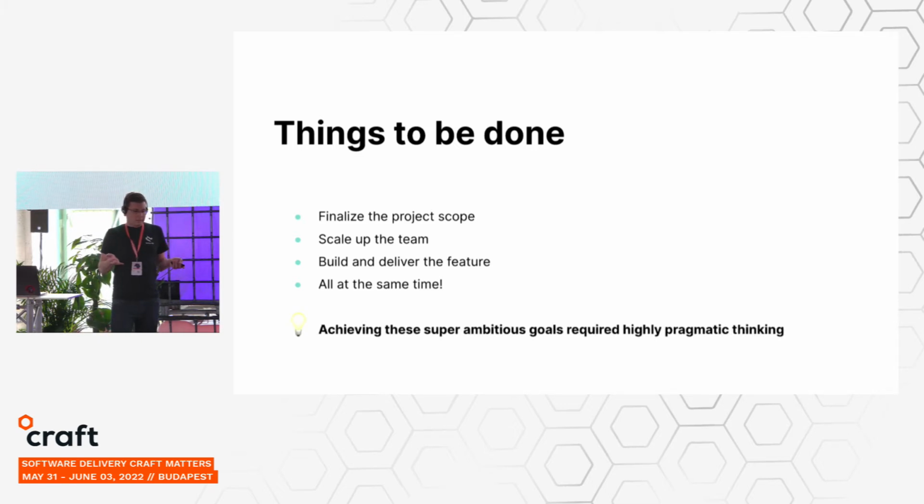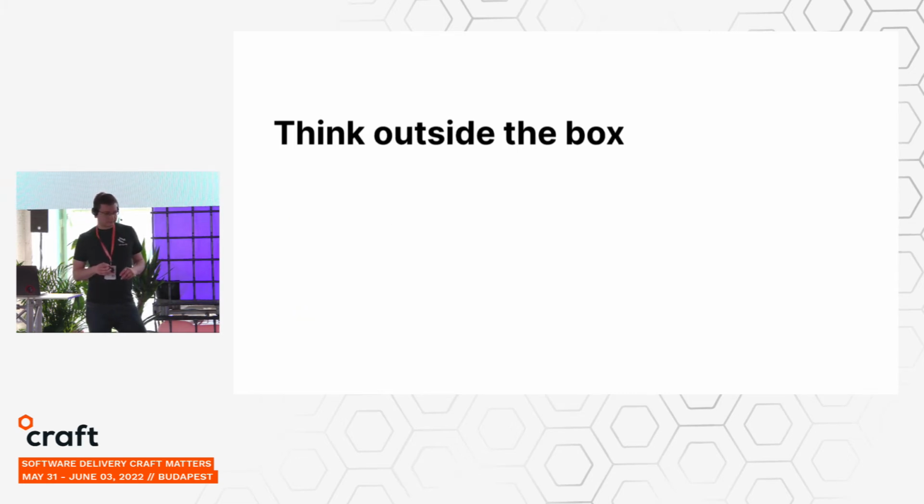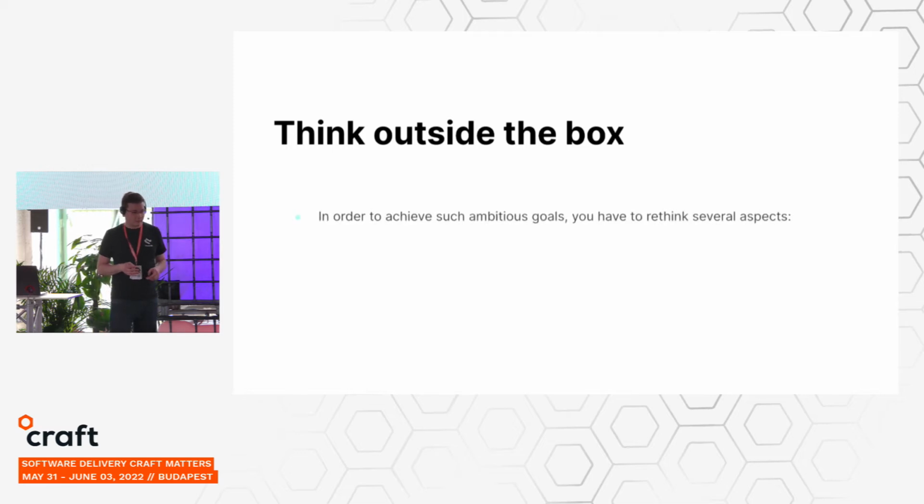So achieving these super ambitious goals required very, very highly pragmatic thinking. So in many cases, we really had to think outside of the box, how we can deliver with such requirements. We had to rethink several aspects of our production pipeline.